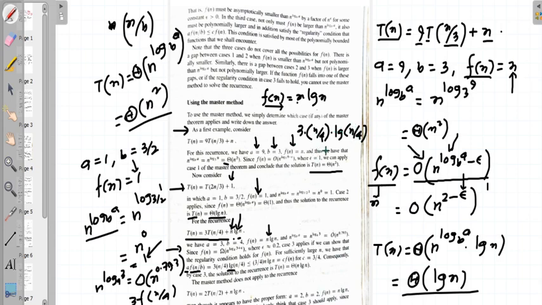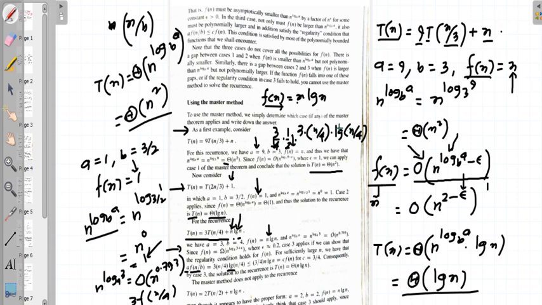Then log 4 will be coming as 2 log 2. So in that case this will be 3 by 4 times 1 by 2, that is half, and times n log n.